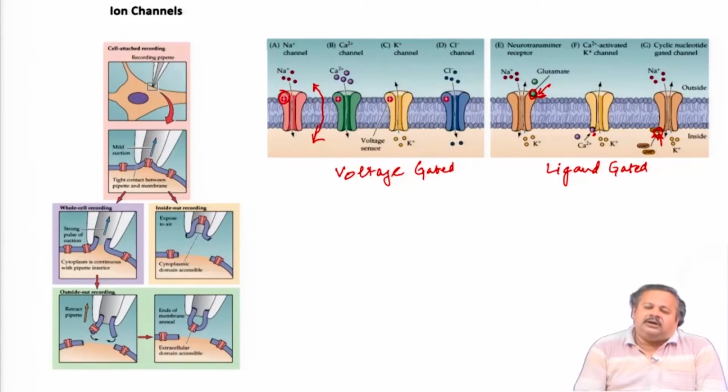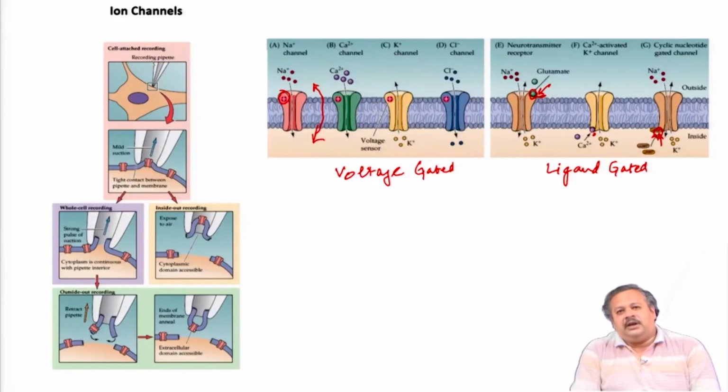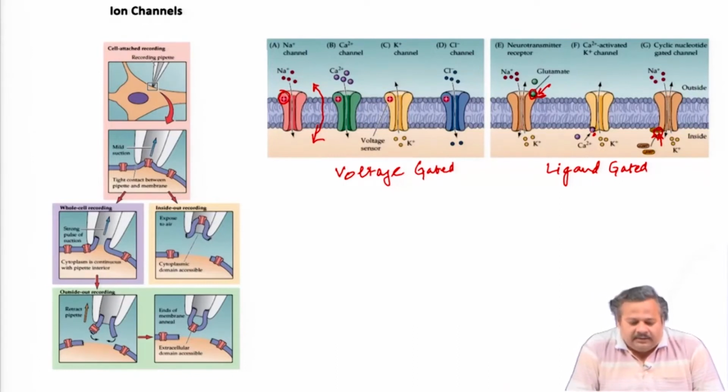There are further types of ion channels that are activated by stretch, that is, due to mechanical pulls or pressure, similarly heat activated, and so on. In our course, we will be limited primarily to these two types of ion channels, voltage gated and ligand gated.